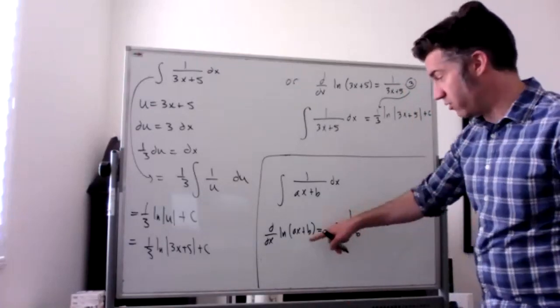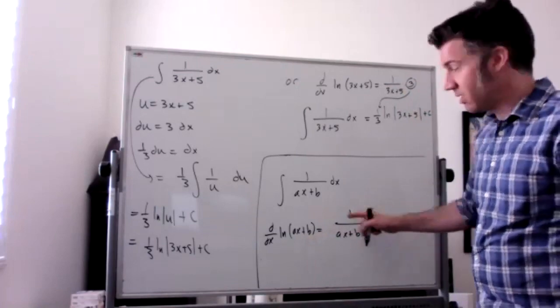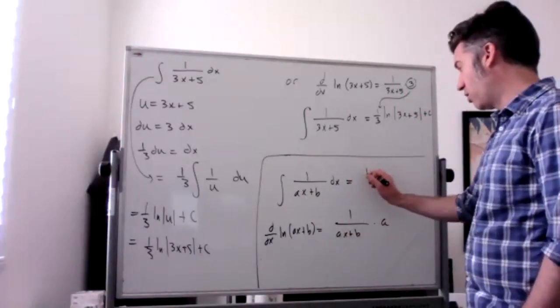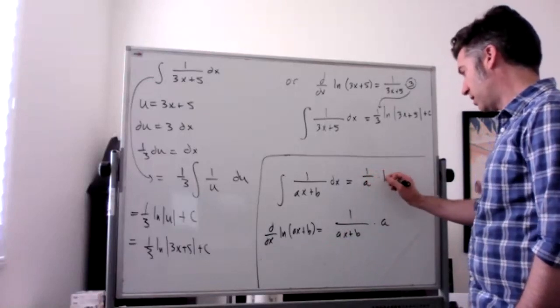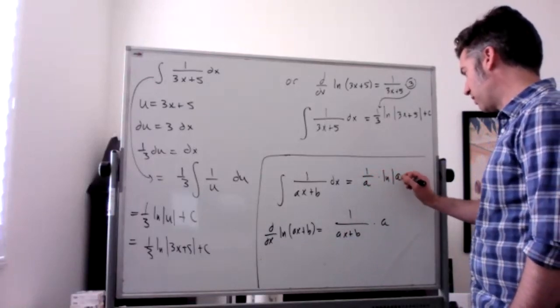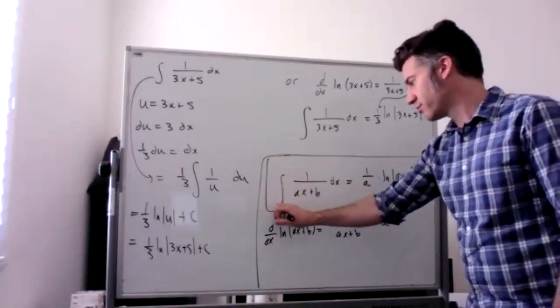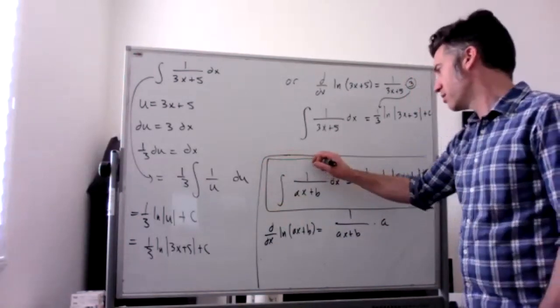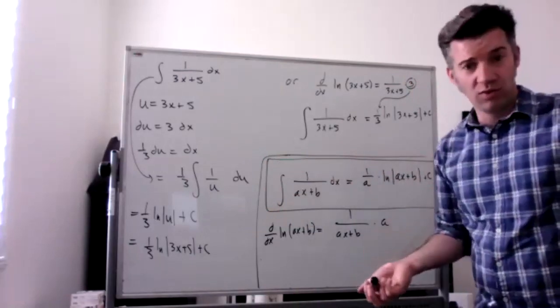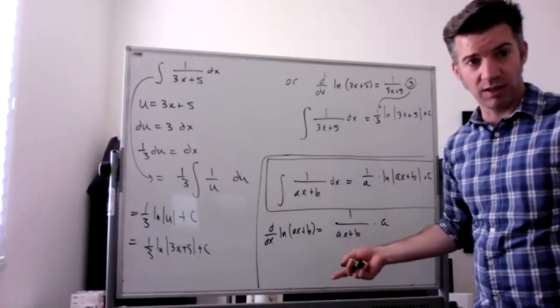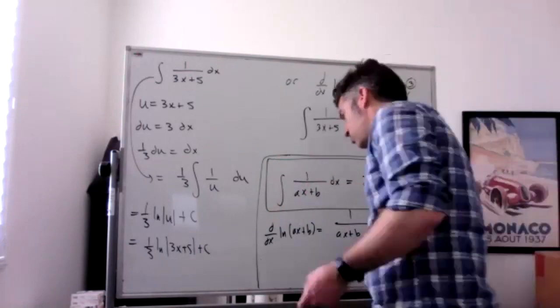So if the derivative makes you multiply by a constant, the antiderivative is going to make you divide by that constant. So we're going to get 1 over a times the natural log of the absolute value of ax plus b. So that's a rule you can remember for integrating 1 over something times x plus a constant. It always works.